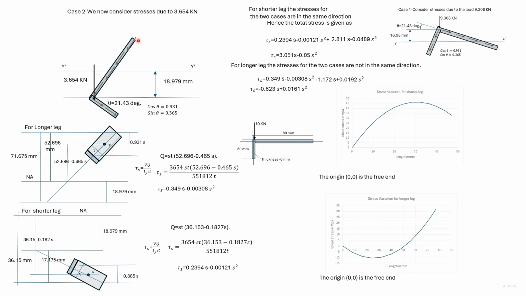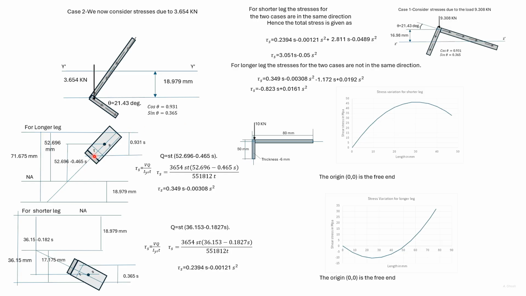The distance from the outer edge to the point C is 77. So the vertical distance is 77 cos theta, which is this value. This is the distance of the neutral axis from C. Subtracting, we get this value.